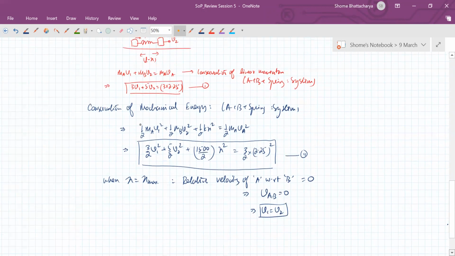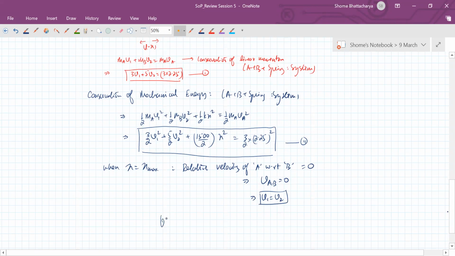So from equation 1 you can see that V1 will be equal to V2, equal to this much.